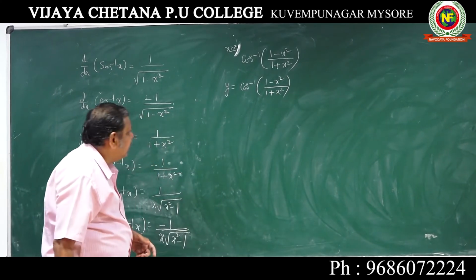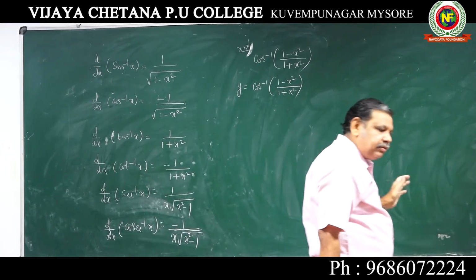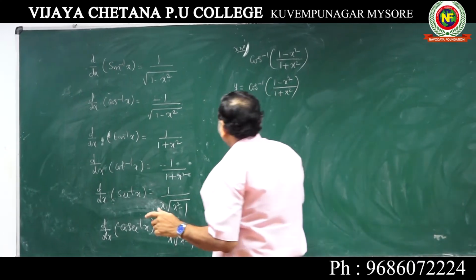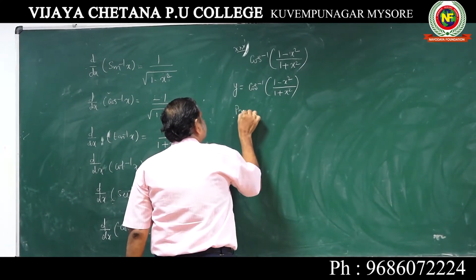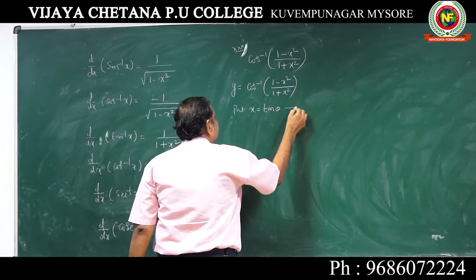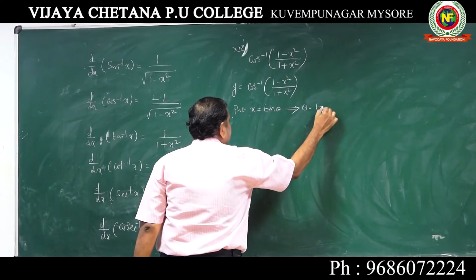Here, as I said, in most of the problems you have to put x equal to tan theta. So put x equal to tan theta here. The moment you put x equal to tan theta, theta will be tan inverse x.